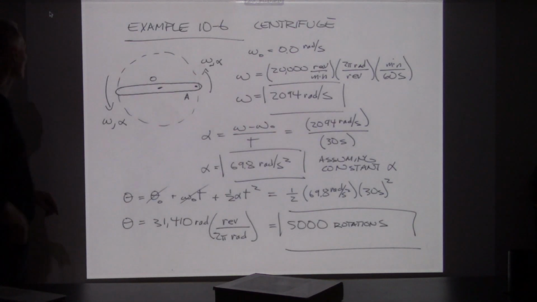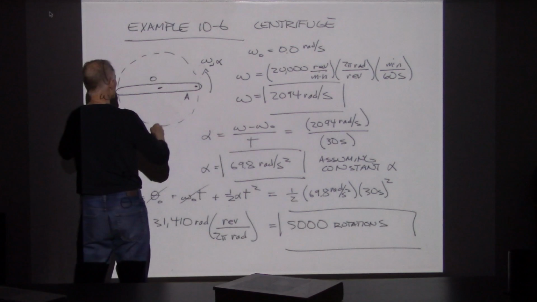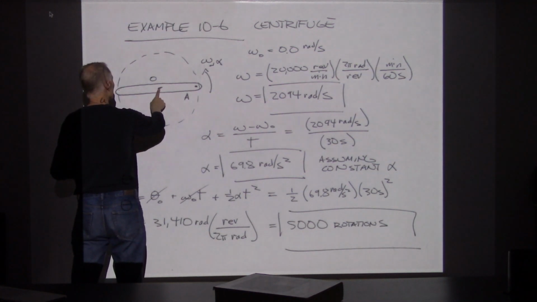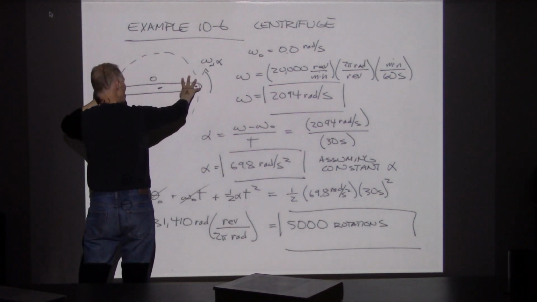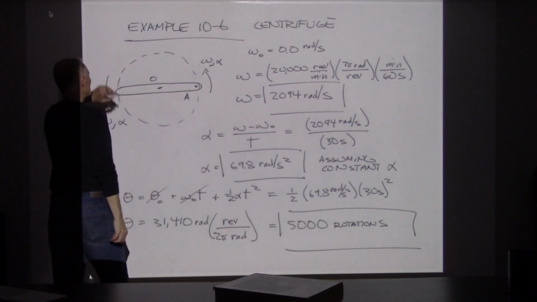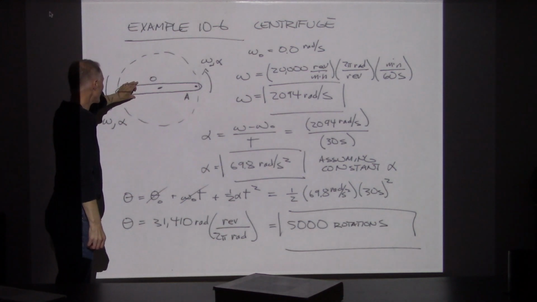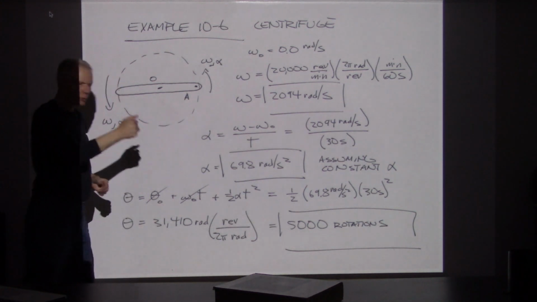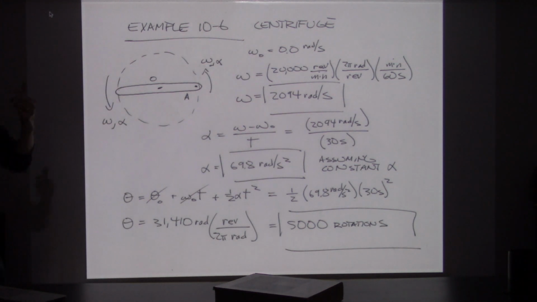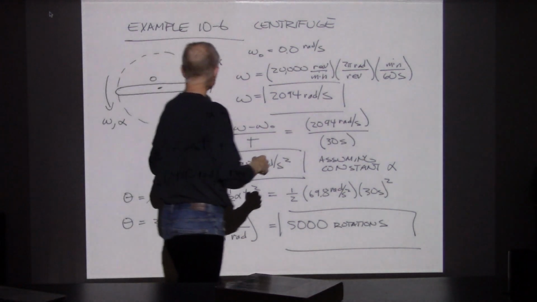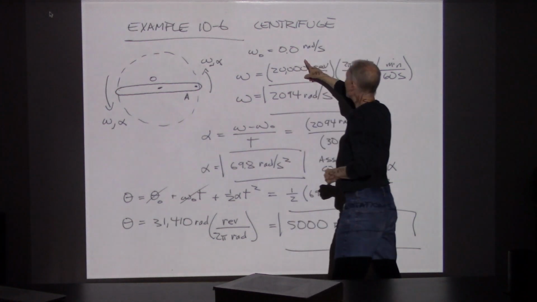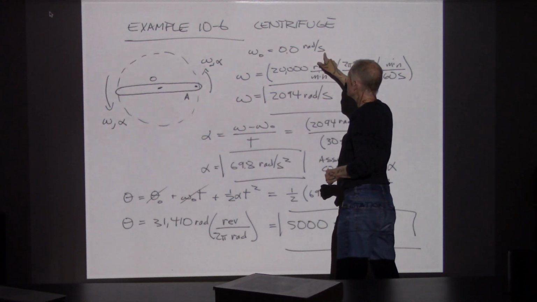So let's set everything up. Here's my centrifuge. There's the axis of rotation right there. And then I put a test tube over here, and actually they're metal containers, these really sturdy metal tubes. I put the samples in there, and I put them on each side of the rotor so it would be balanced. Turn on the centrifuge, and it starts picking up speed. Now, what they told us was, when it's at rest, it's at rest, and omega naught is 0.0 radians per second.